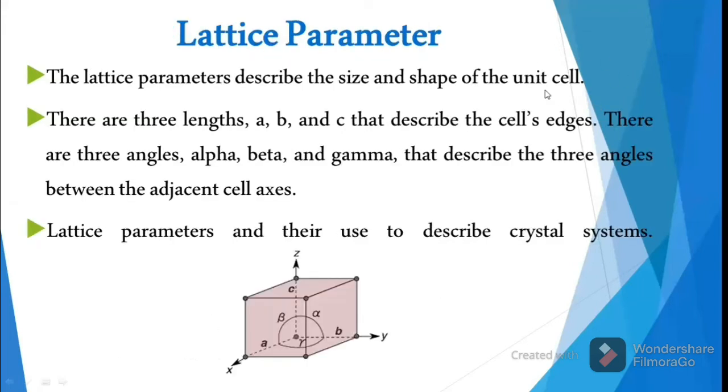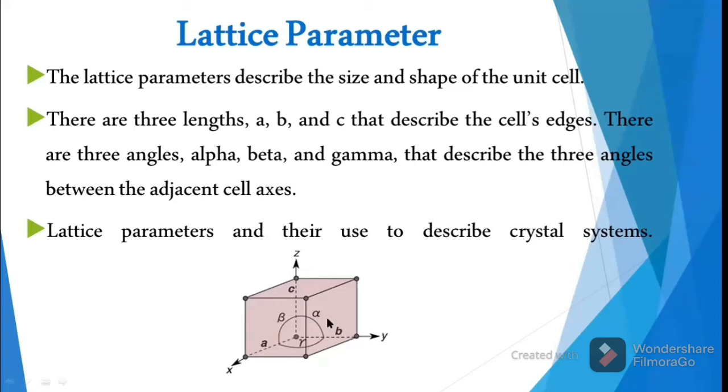Now the lattice parameters. How can we calculate the lattice parameters? We always know these are the 3-dimensional crystal structure, and A is along the x-axis, B is along the y-axis, and C is along the z-axis. And we know that the crystal has the angles alpha, beta, and gamma.